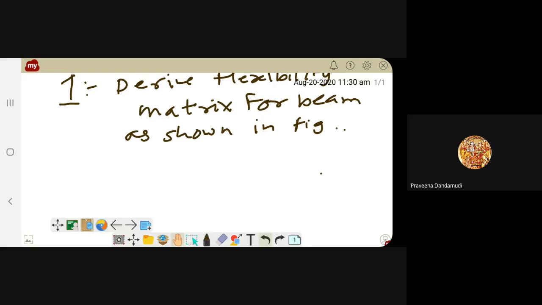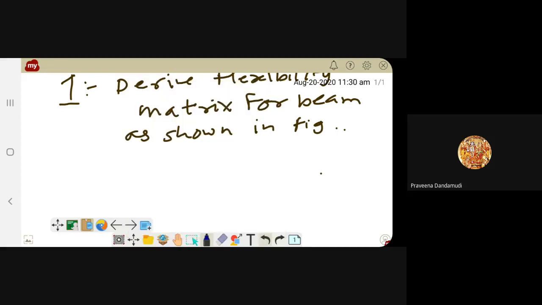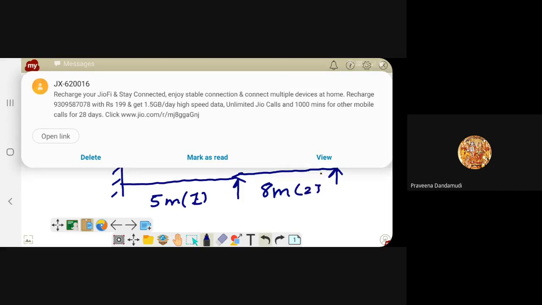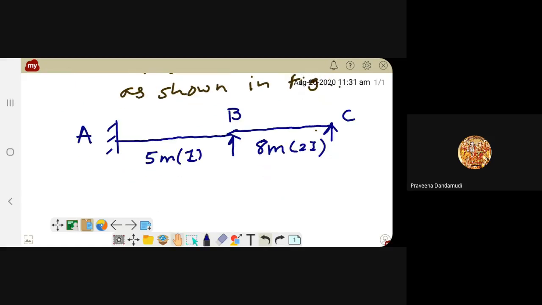Okay, take down the figure. You will have a two-span continuous beam: 5 meter span with I, 8 meter span with 2I, and points A, B, C. This is the problem.